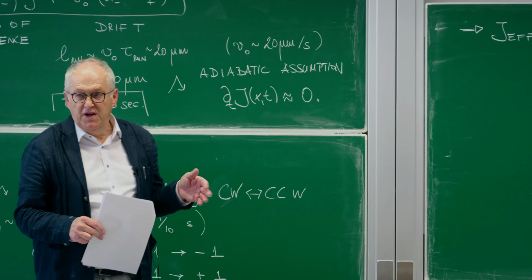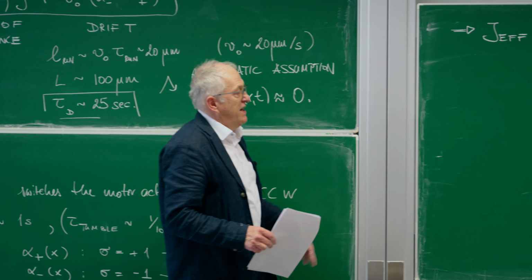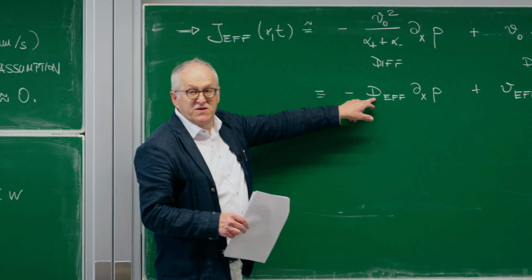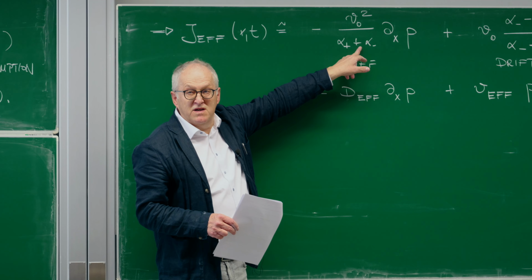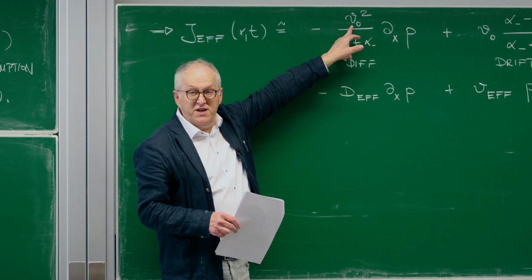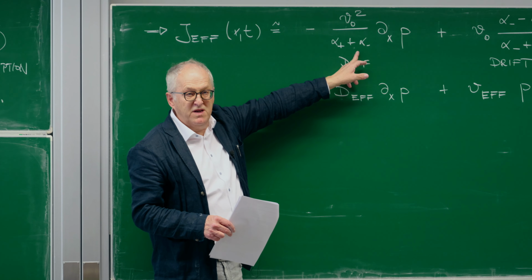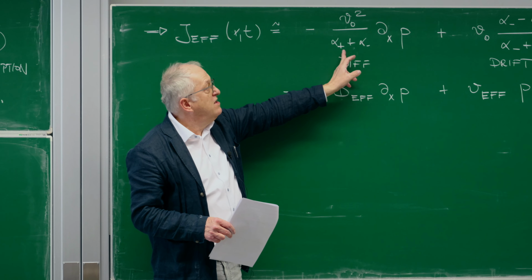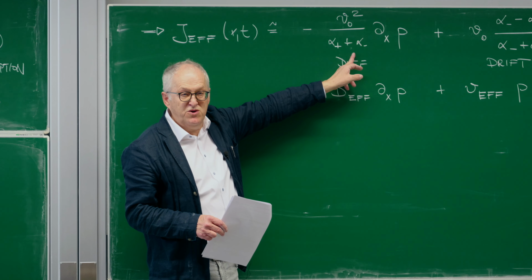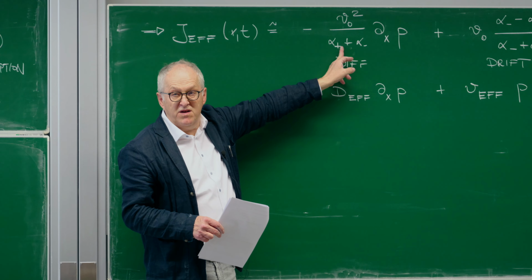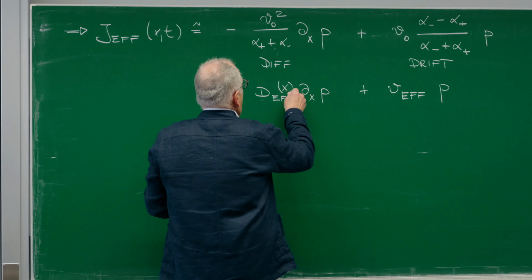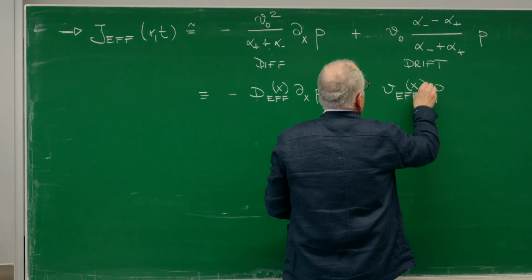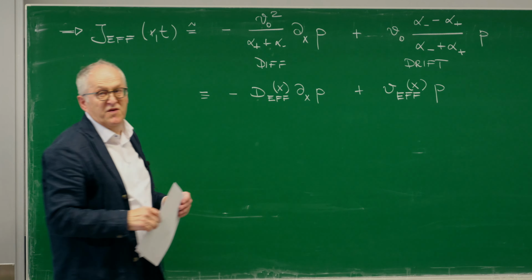The effective drift velocity and the effective diffusion coefficient that you see here, they depend on the quantities here on the top. V naught is constant, but these rates of switching back and forth between forward and backward motion, they are depending on position. So in general, both of them will be functions of position.